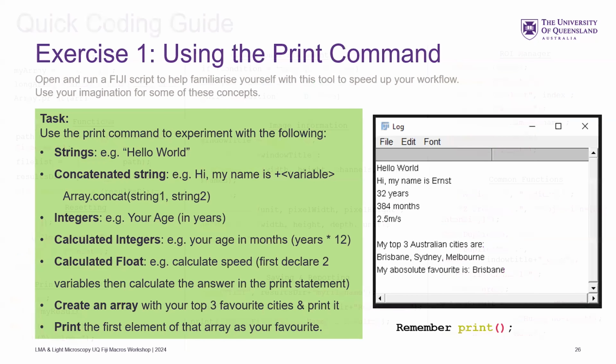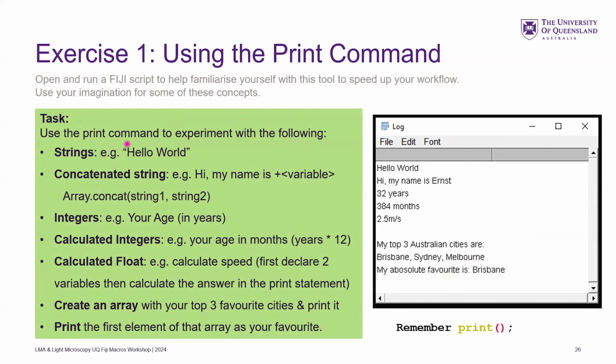So then the first exercise, and the reason I've got that slide there is because you might want to go back and look at it, is to print stuff. Every coding thing starts with printing hello world. I don't really know why, but it does. So we're going to use the print commands in all its different ways. So I want you to print a string. You can say whatever you want.